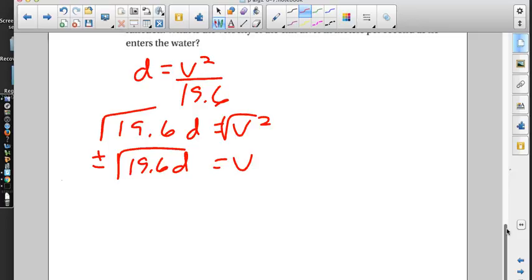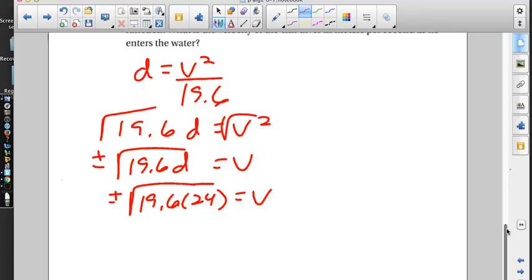Alrighty, so now we need to know about the cliff diver up there that jumped off. So what do? Put 24 in there. And let's see what that velocity is. So square root of 19.6 times 24.